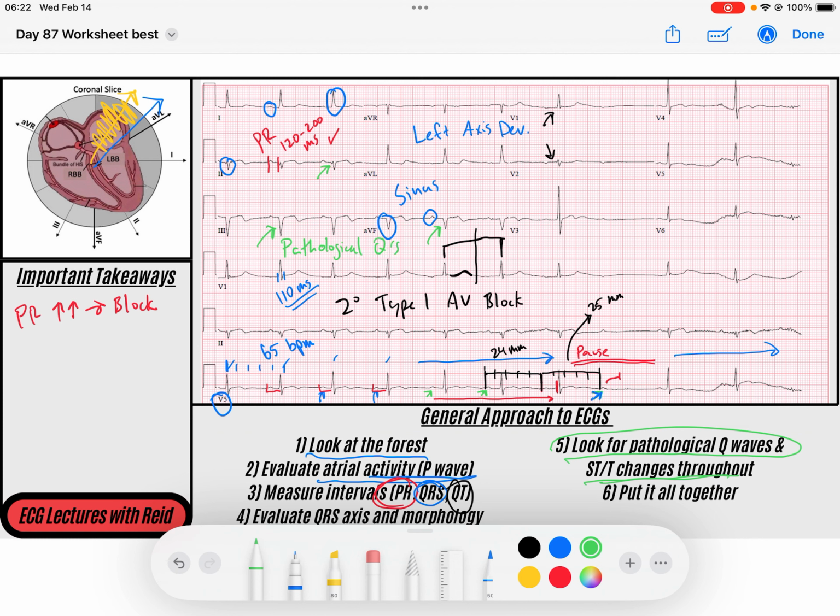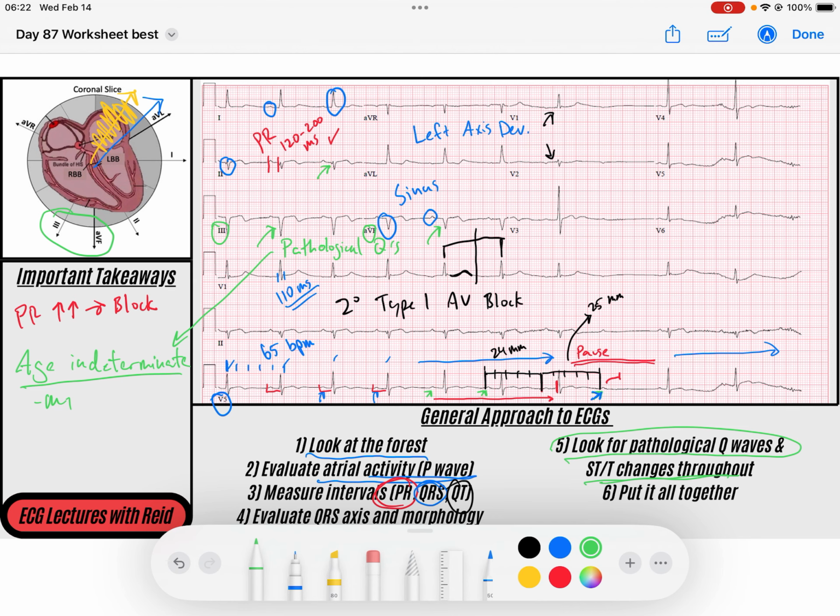And that tells me that at some point in the past, we would call it age indeterminate MI, meaning that in the inferior region, which we know that leads 3 and AVF are in the inferior leads, right down here, there was a myocardial infarction. We don't know if it was 2 years ago or 2 hours ago, right?